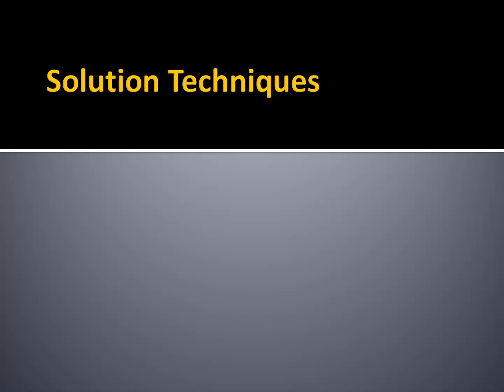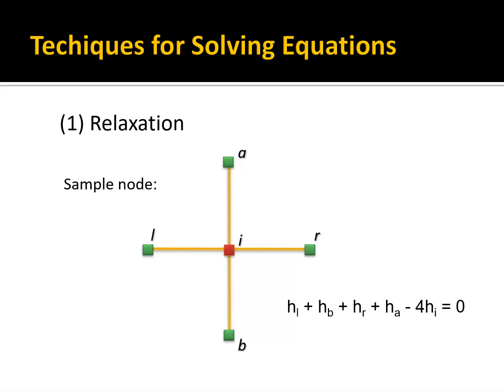And we take into account all these special cases: anisotropy, no flow boundaries, specified flow boundaries, etc. And we end up with a big set of equations. We have one equation for each node. All right, so how do we go about solving those equations?